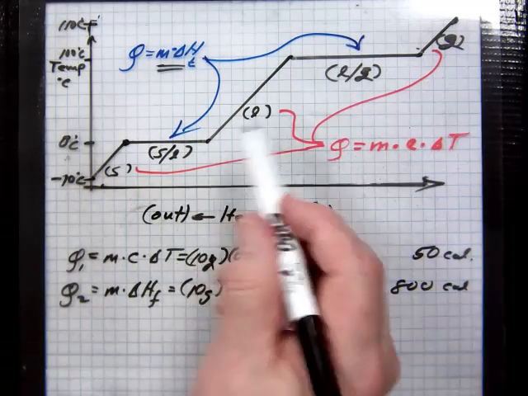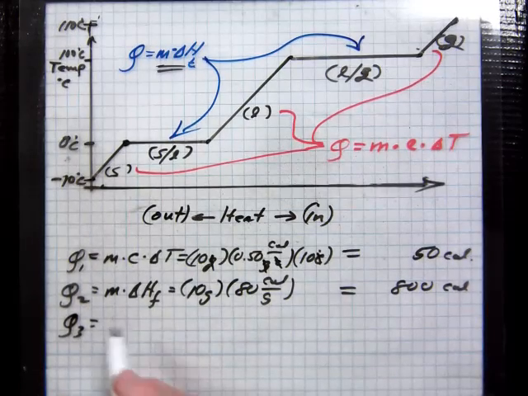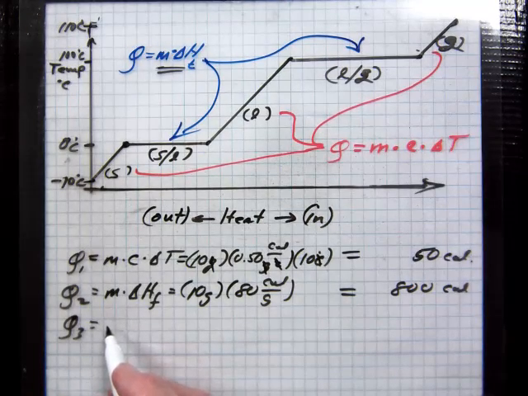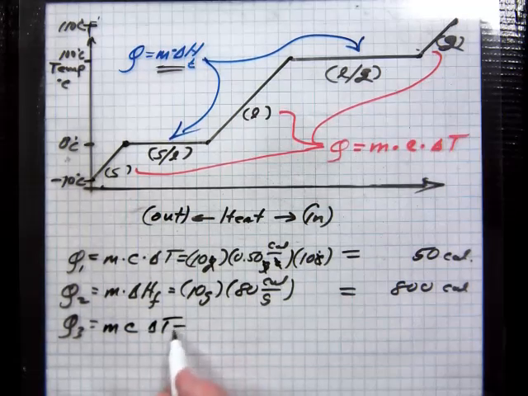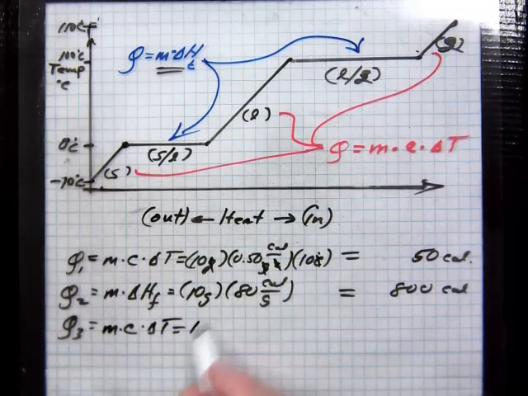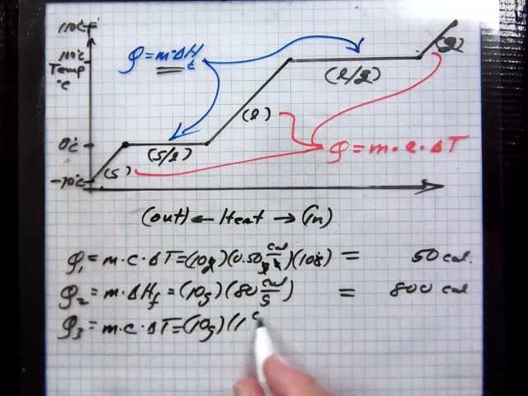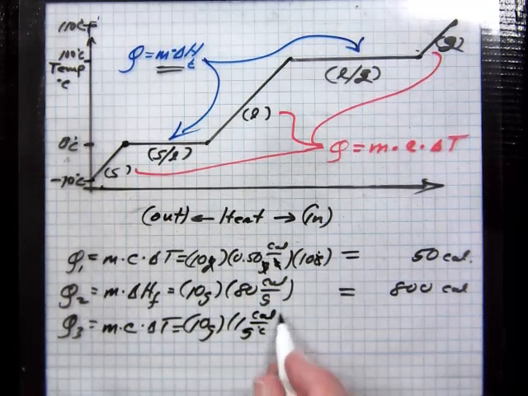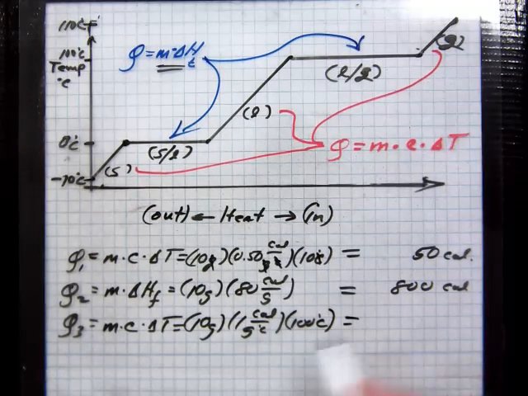Then you go to number 3, warming the liquid, region 3, and since that's a temperature change region, MC delta T, we have 10 grams of liquid water now, 1 calorie per gram degree C, and it's going up 100 degrees C. And so that's 1,000 calories.